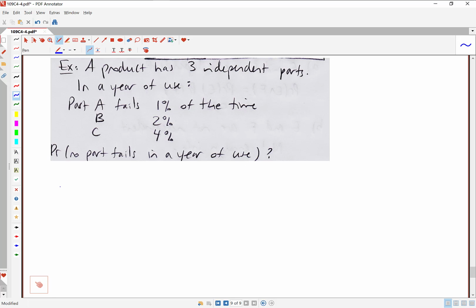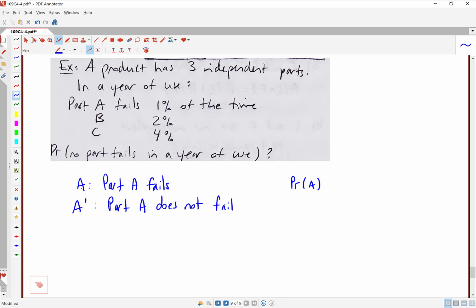Okay, so let's define some events just so that we can write down our probability a bit more clearly. Let's say event A is the situation where part A fails, and therefore the complement of A would be part A does not fail, or part A is still good after a year of use. And let's write down the probabilities that we know from the question.